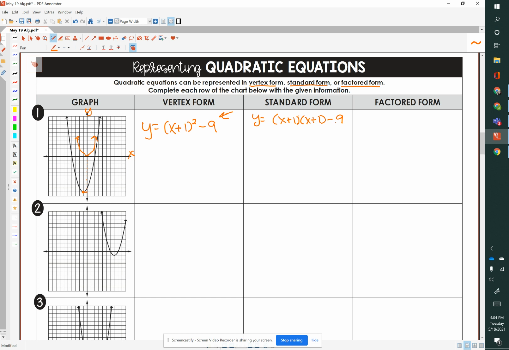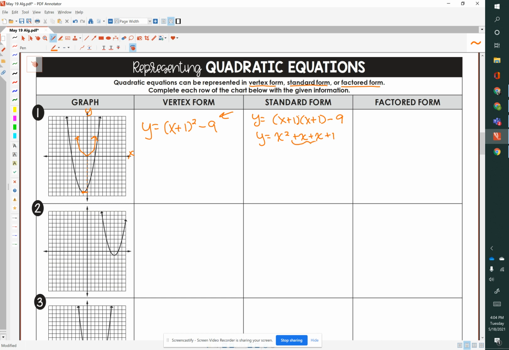When we expand, we can use FOIL. So x times x is x squared, plus x, plus x, plus 1 times 1 is 1.